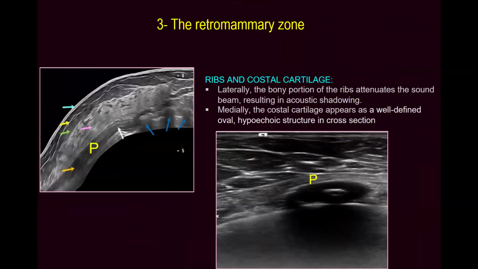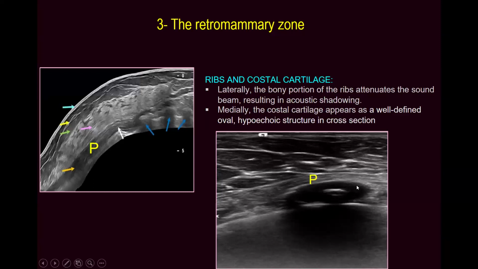Okay. So posterior to the pectoralis are the ribs and costal cartilages. Here, this is the pectoralis muscle, and you can see this curvilinear hyperechoic structure with posterior shadowing, which is a rib.